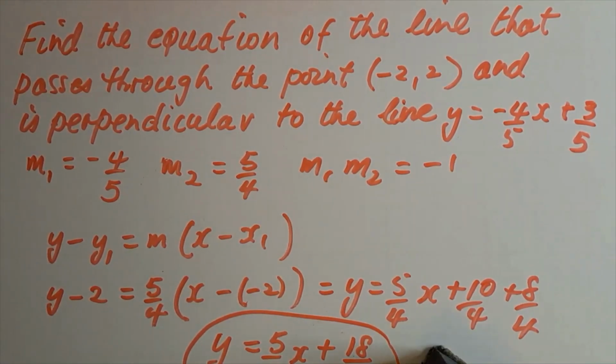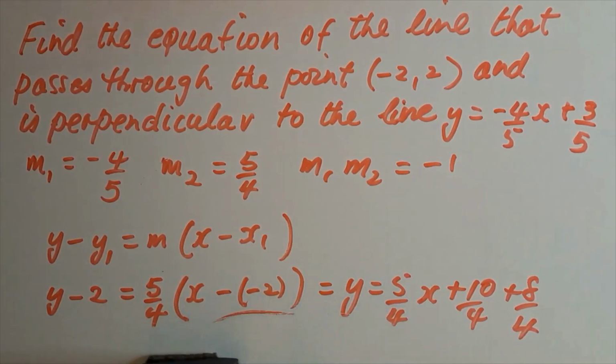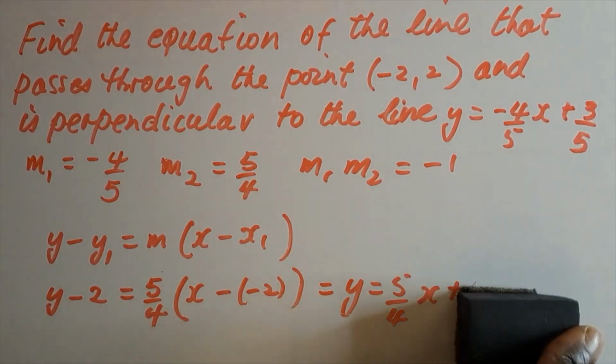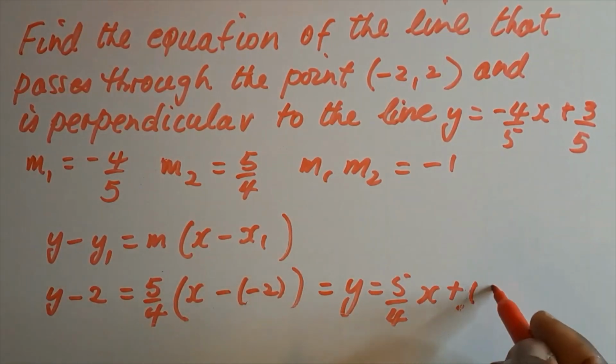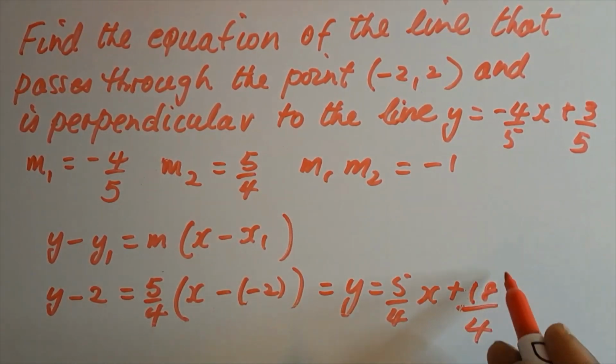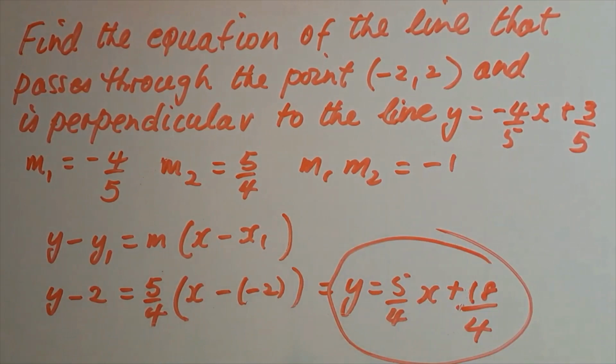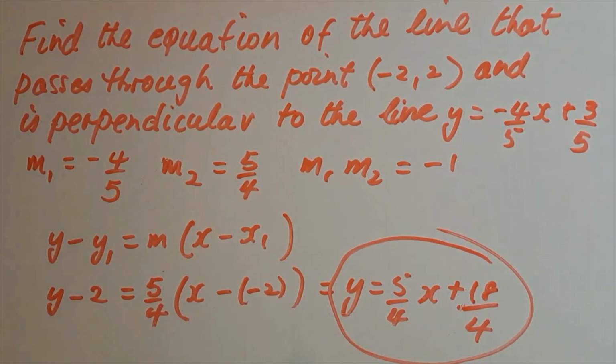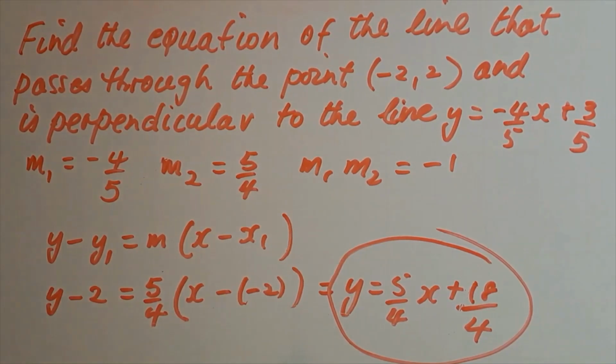Sorry, this is not clear. Let me just rewrite this. It's right here, 18/4. That's the equation of the line perpendicular to y is equal to -4x/5 and 3/5.